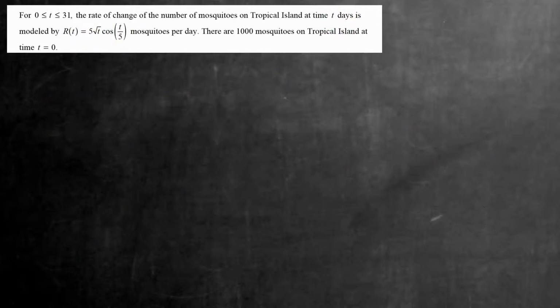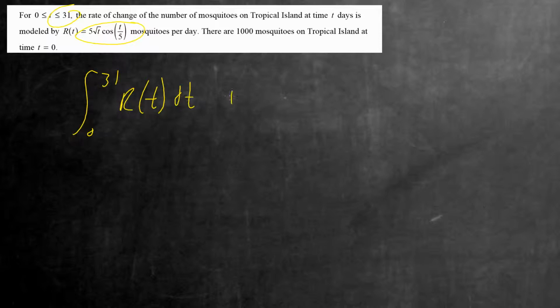And according to this model, how many mosquitoes will there be at day 31? So we want to add up our rate for 31 days, the integral from 0 to 31 of r of t dt, plus the 1,000 we started with.